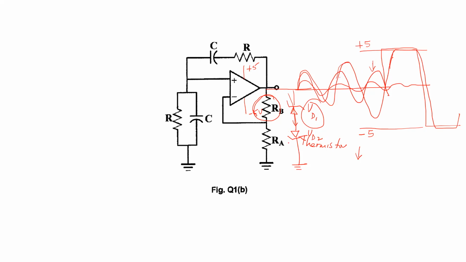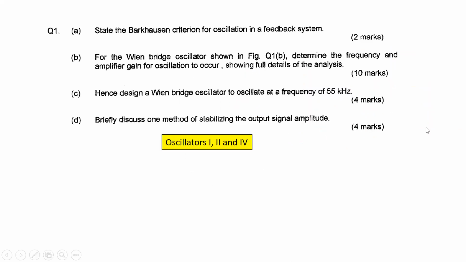And same way, when it went negative, if it got less than minus VD1, then it would start to conduct and limit the amplitude to whatever the Zener diode voltages were. So any of those two would suit the answer for this part.